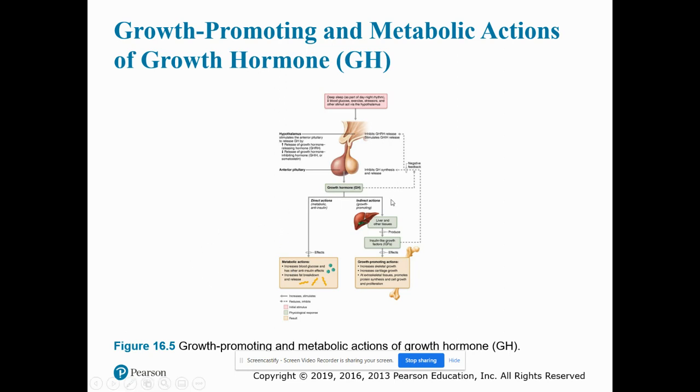But then we have the indirect actions on the growth promoting aspect, and that's where it stimulates the liver and other tissues to produce IGF, which will then do things like increase skeletal growth, increase cartilage growth. And then, I'm losing my cursor. So higher levels of growth hormone as well as levels of IGF will actually inhibit further synthesis of growth hormone.